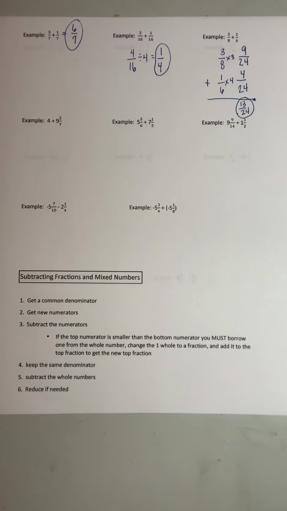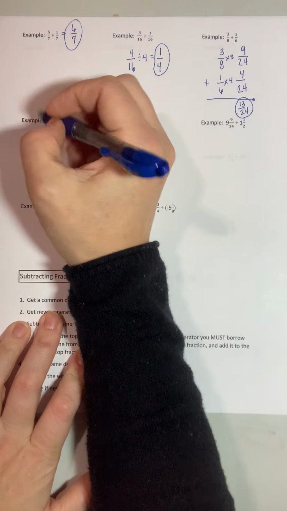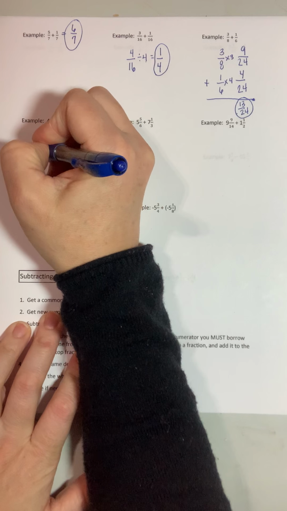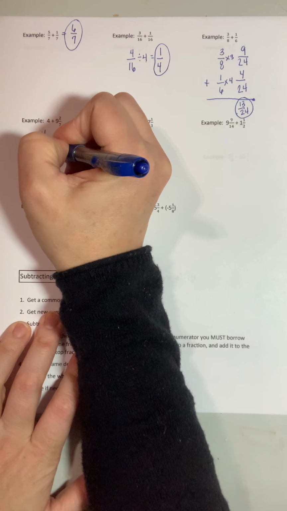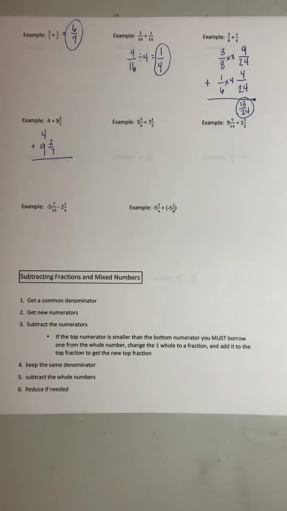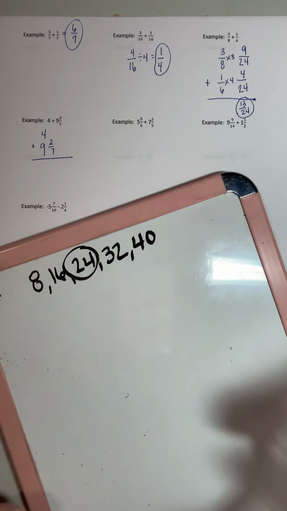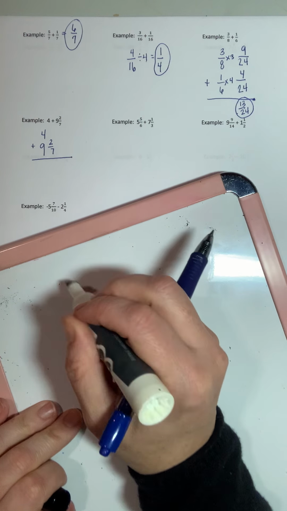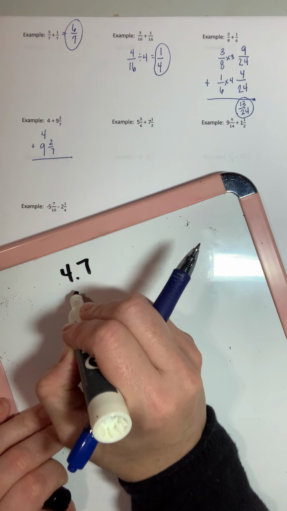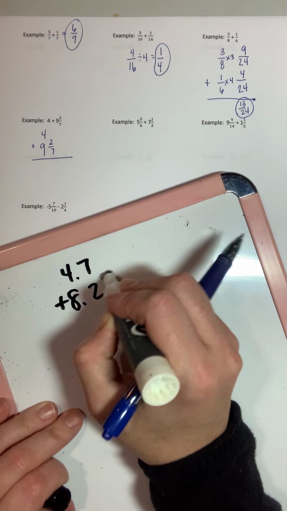Next one. All right, so this one I have 4 plus 9 and 2/7. So think about if we have decimals, and let's say we were adding 4 plus 7 and 8 plus 2.3.